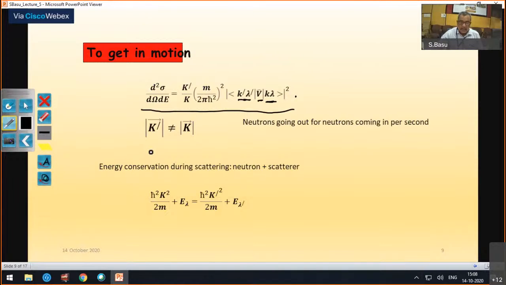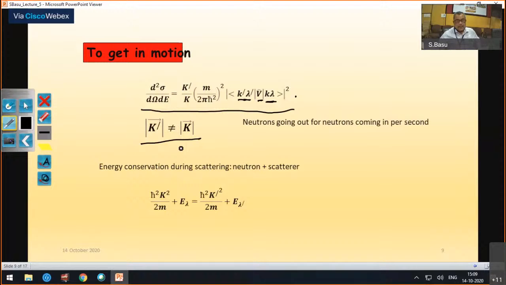Now I am deviating from what I did earlier. Earlier, the magnitudes of my k vectors were the same because there was no energy exchange. Now I consider there is an energy exchange. Since there is an energy exchange, the magnitude changes, and that's what I've written here. The magnitude of k prime is not equal to the magnitude of k.